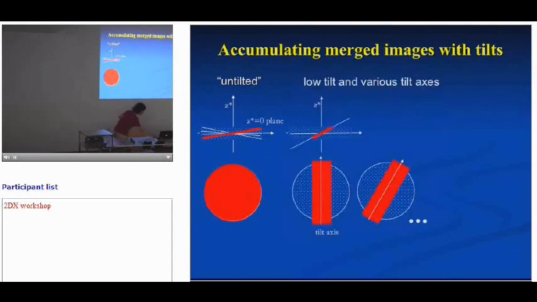Now what you would do next is, so far we assume that we have information up to this height of Z star. So the next time, I will take images at higher tilt. This time I probably assign it to the next tilt, so that I have a certain amount of overlap.